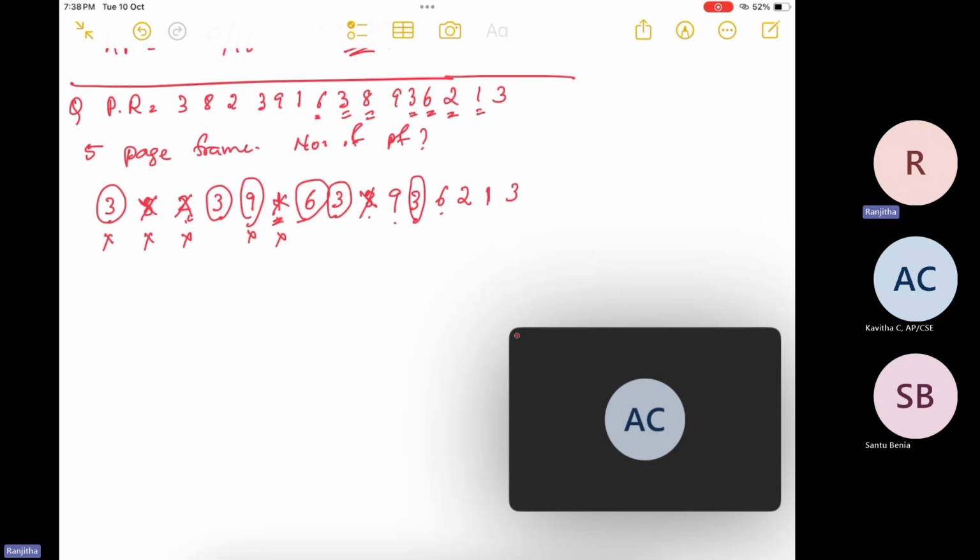So the number of page faults are 1, 2, 3, 4, 5, the initial 5, plus 6, 7, 8, and 9. So page faults is totally 9.